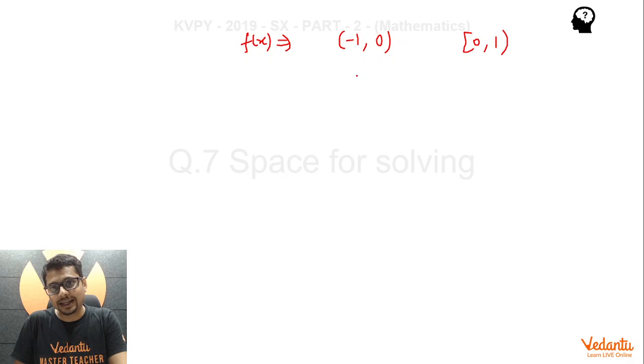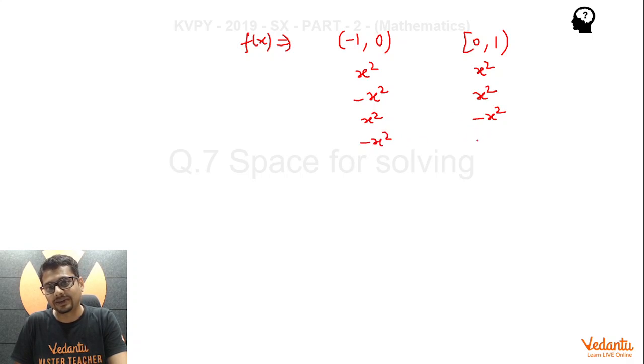So f of x can be x square in this interval and x square in this interval also. Or it can be minus x square in this interval and x square in this interval. It can be x square in this interval and minus x square in this interval. Or it can be minus x square in both intervals.